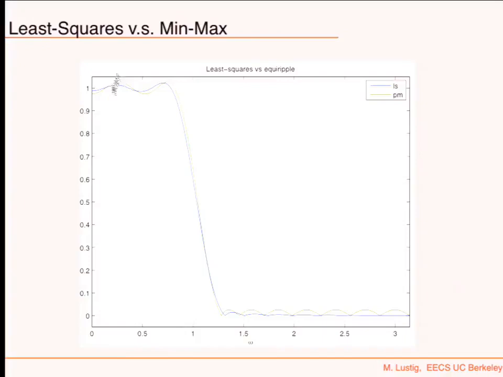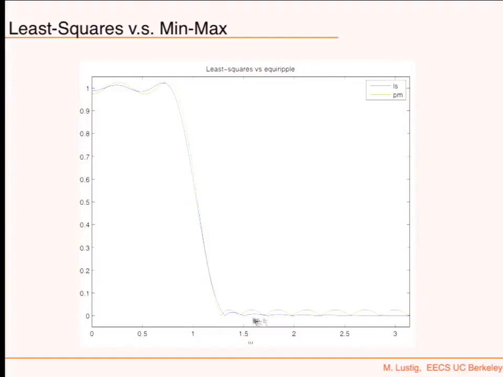Okay. All right. So here's the difference. In a least square design, first of all, you see that the ripple kind of drops away, because having a lot of ripple puts a lot of error in the least square sense. But having something below a certain level in the min-max case doesn't incur any penalty, right?